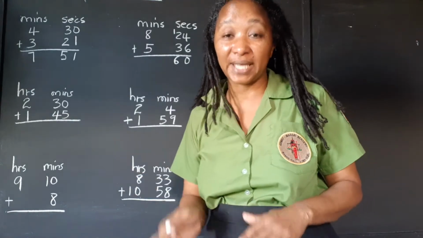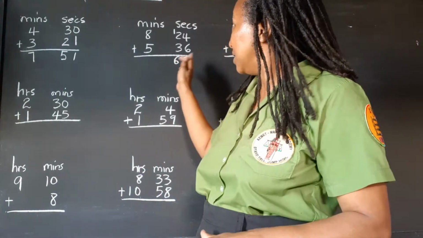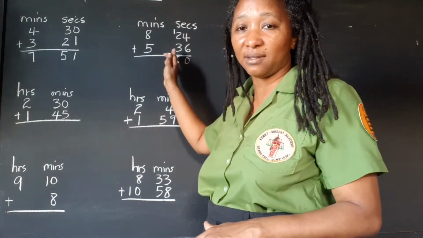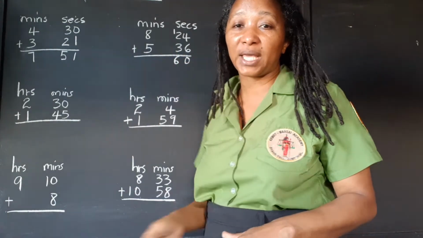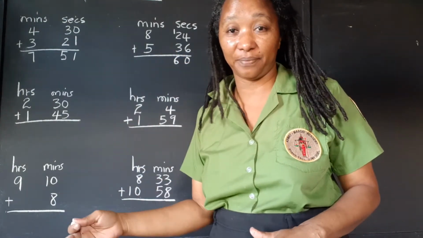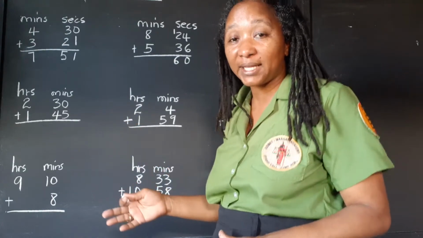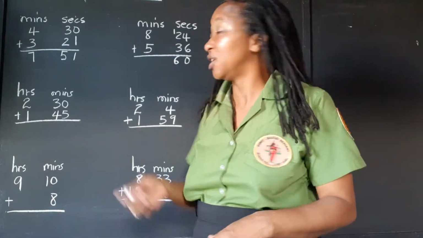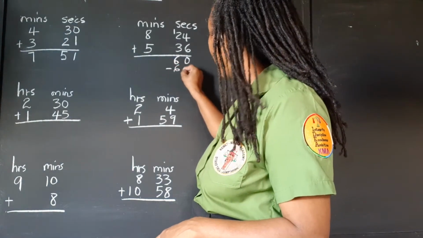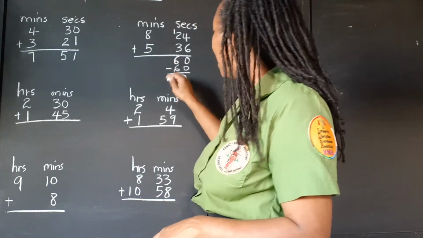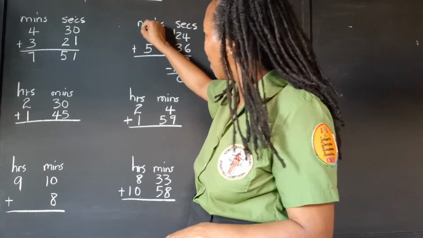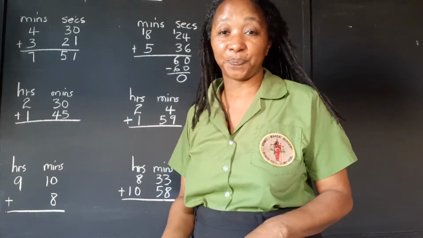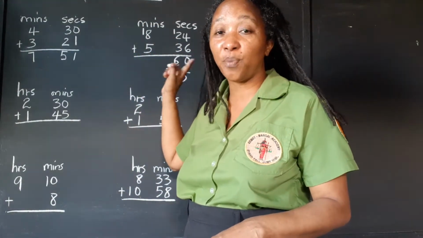No, remember we said if we have minutes and seconds, under the seconds we can get up to 59. Once it gets to 60, we know that's a batch of 60 seconds. We can take 60 seconds from that, leave no seconds, and this 60 seconds we carry over to the minutes. That's the crucial point here.